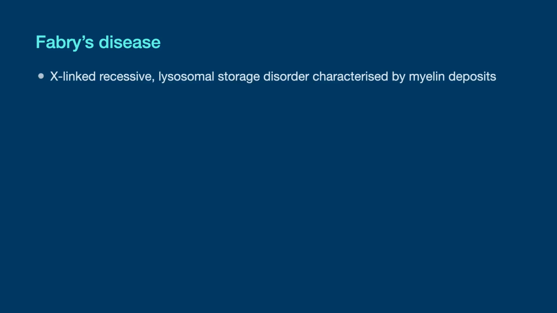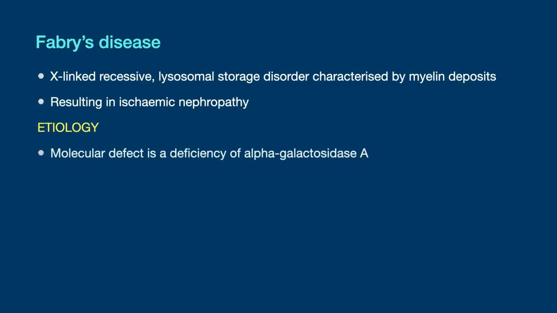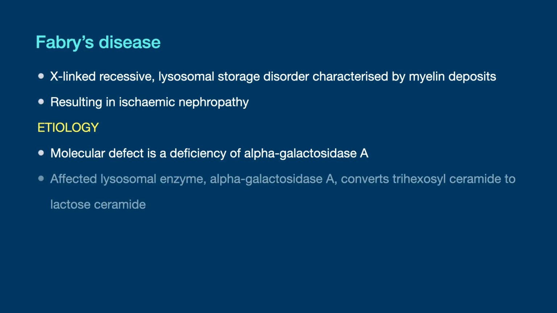Fabry's disease. Fabry's disease is an X-linked recessive lysosomal storage disorder characterized by myelin deposits in tubular epithelium and vascular endothelium, resulting in ischemic nephropathy. The molecular defect is a deficiency of alpha-galactosidase A. The affected lysosomal enzyme alpha-galactosidase A converts trihexosyl ceramide to lactosyl ceramide.